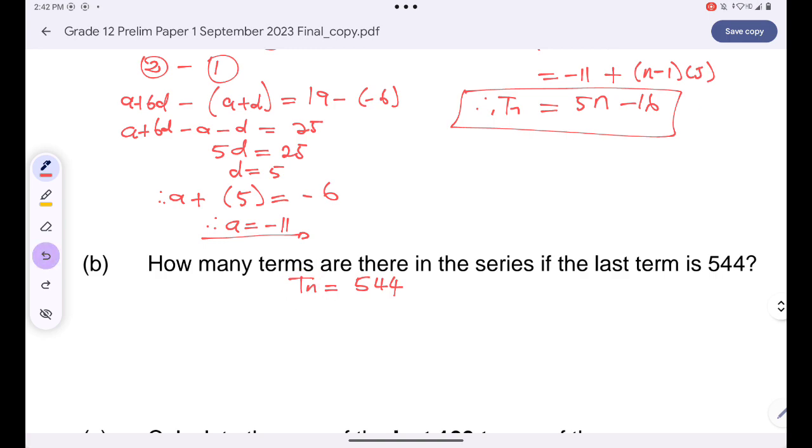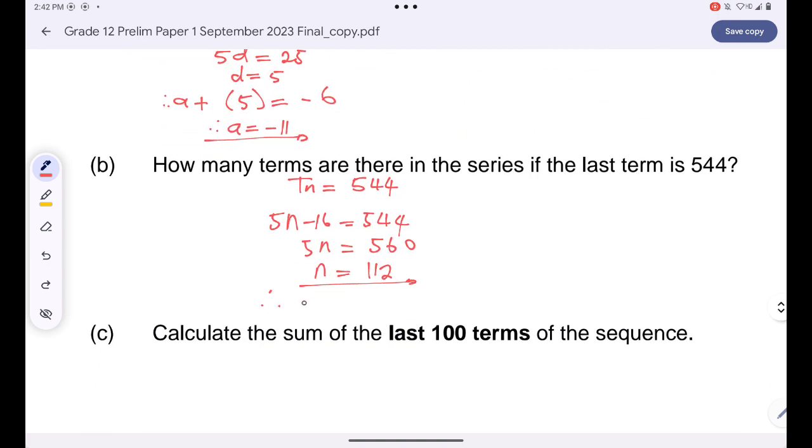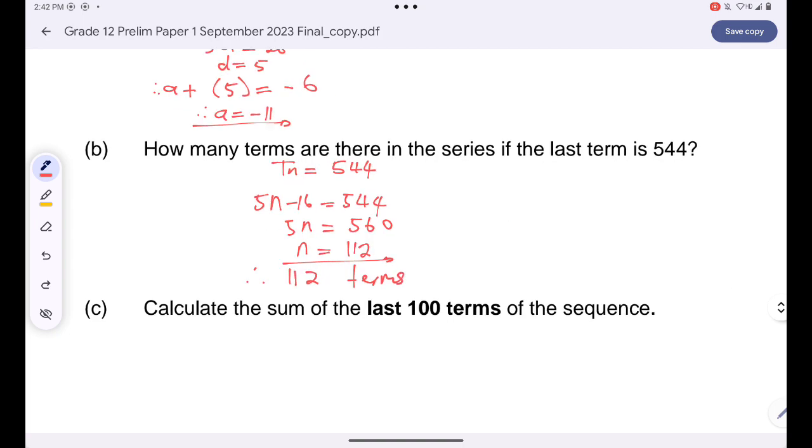I just calculated it over there. I'll have 5n minus 16 is just equal to 544, and hence 5n will just be equal to 560, and then n will simply be 560 divided by 5. This will just give me 112. So therefore, I have 112 terms in my sequence.